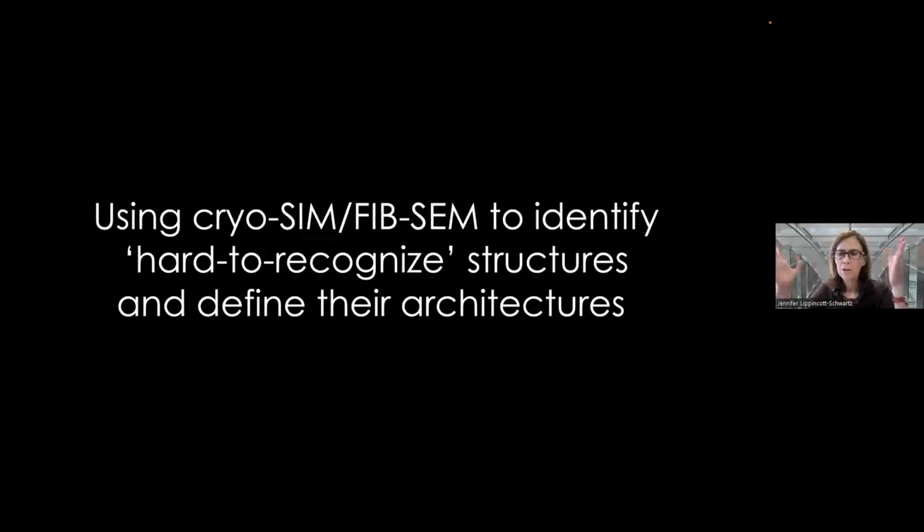But there are lots of structures in cells that are hard to identify. And you're only going to identify them if you have the ability to correlate the structure with a particular protein of interest that can be used to define that structure.